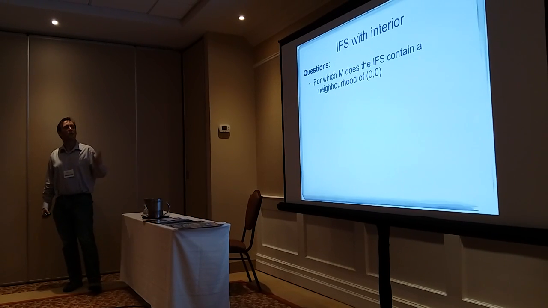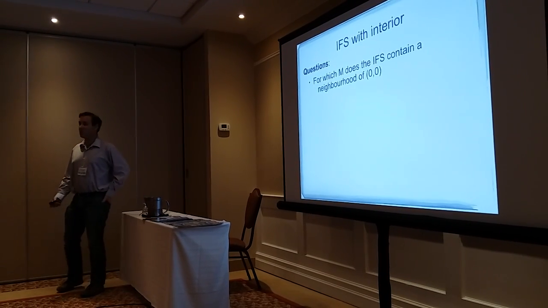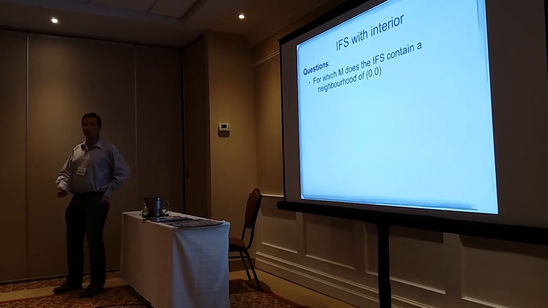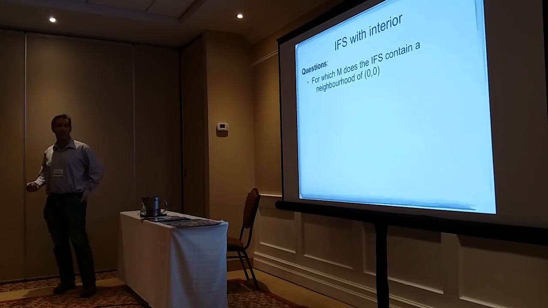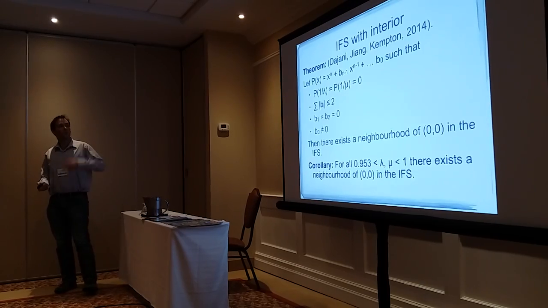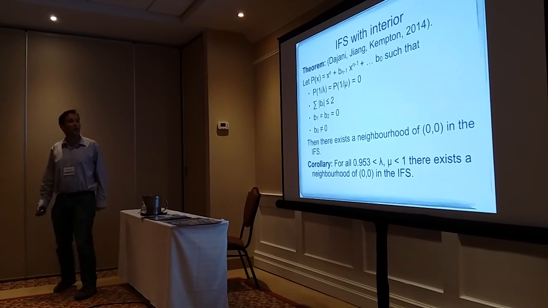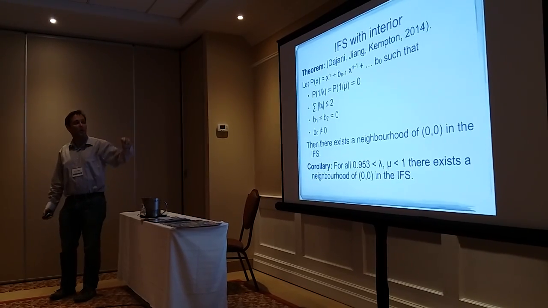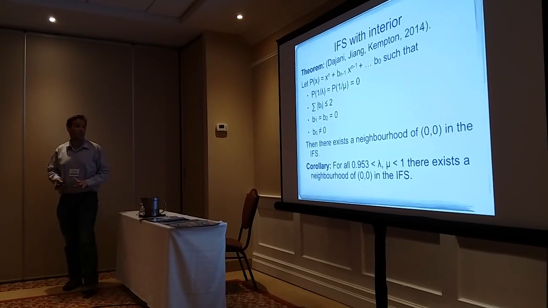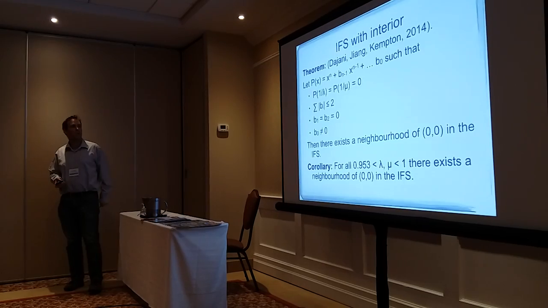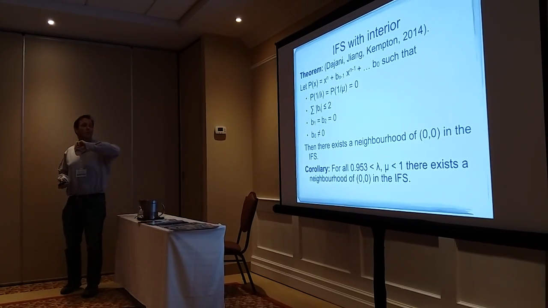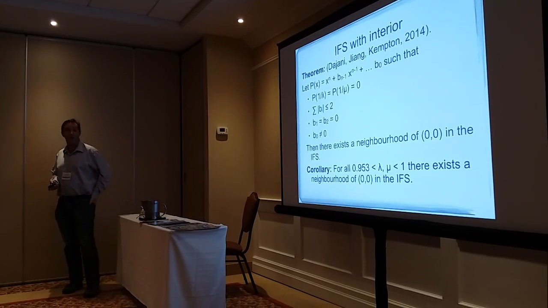So for which points does the iterated function system contain a neighborhood of 0,0? If it contains a neighborhood of 0,0, it will have some sort of interior. It turns out there was a result back in 2014 that explicitly said, if I can find a polynomial with some magical properties, which I'll go into in a moment, then 0,0 is going to be in a neighborhood of the IFS.